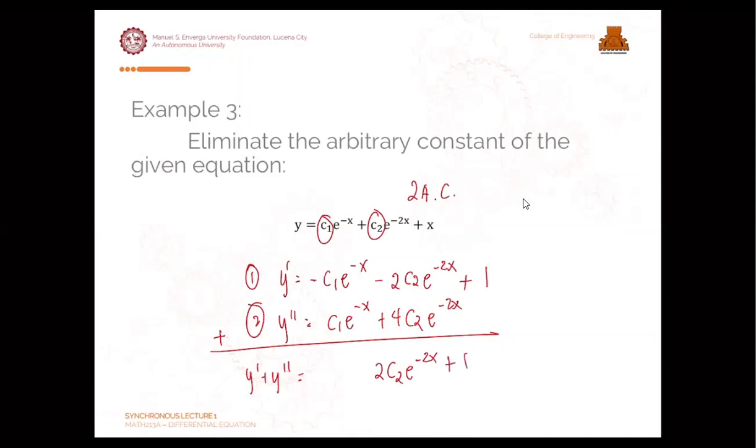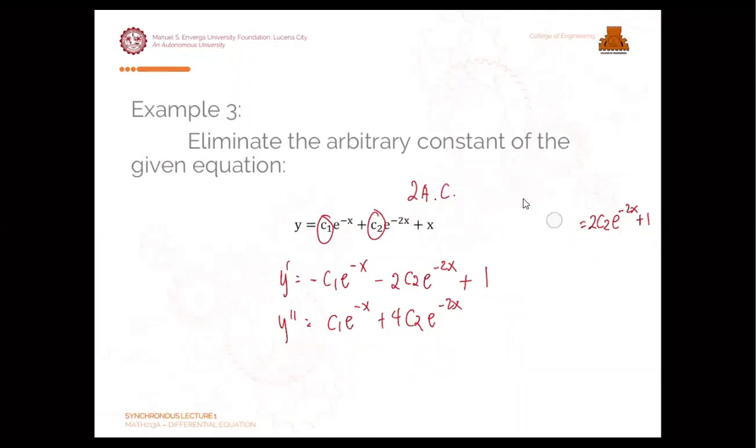Okay, so our required equation will be y prime plus y double prime is equals to 2c2 e negative 2x plus 1. Okay, so this is your required, sorry. So let me revise again.